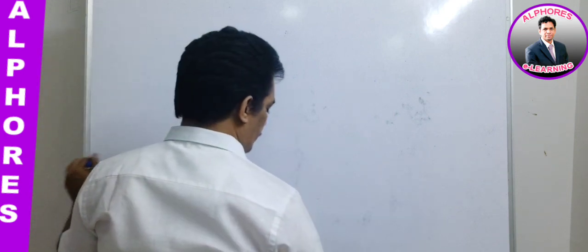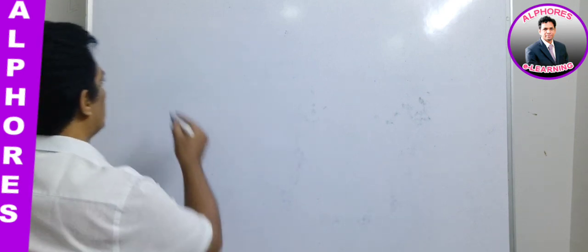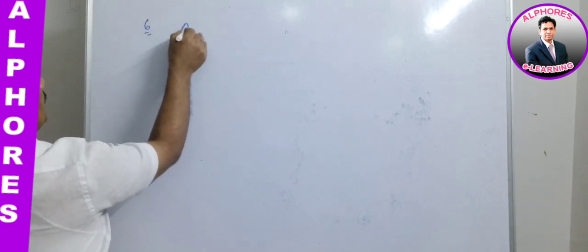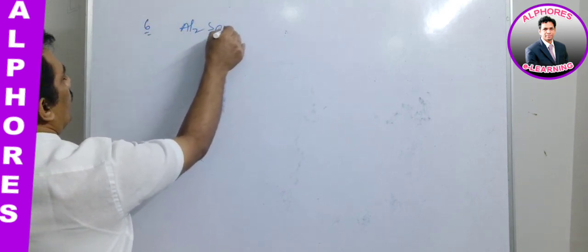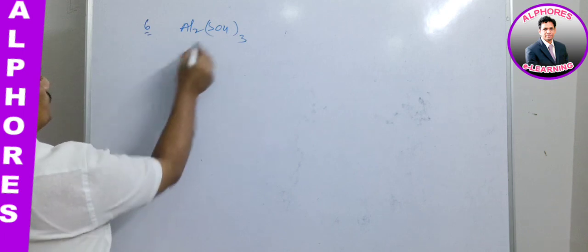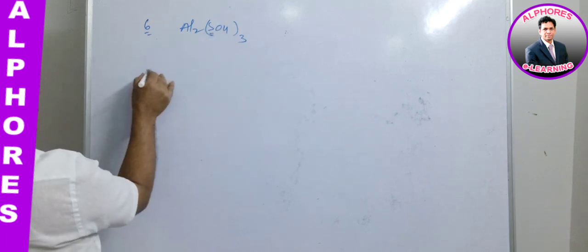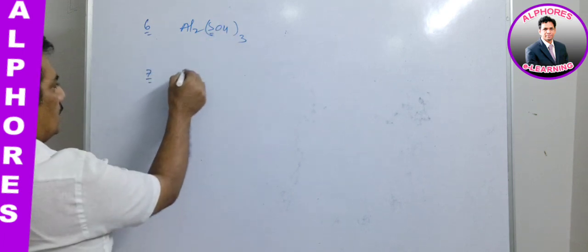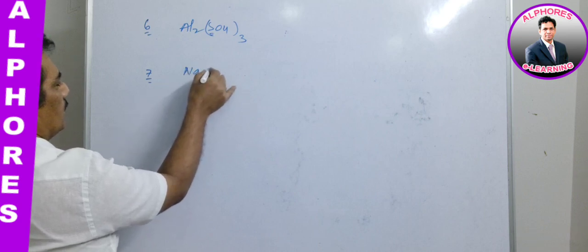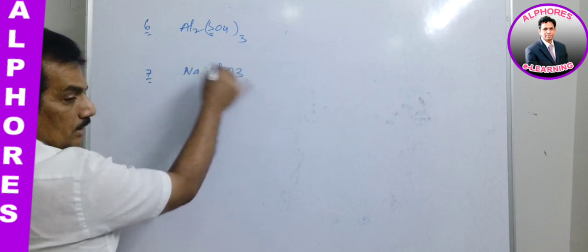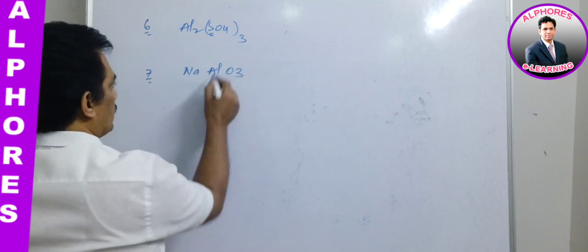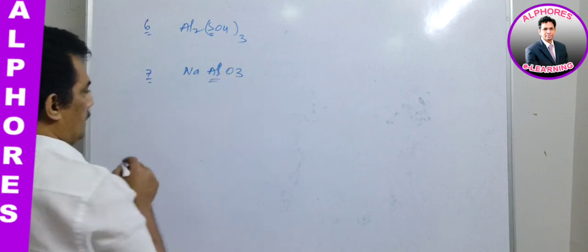And now let me give the sixth one: Al2(SO4)3. Here, sulfur oxidation state. And the next one is NaAsO3, I think it is arsenate.